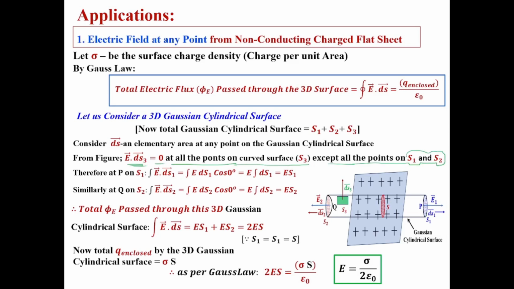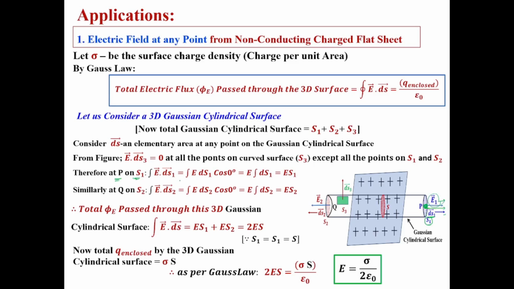This flat surface at point P is your S1 and this flat surface is your S2. At point P we have to find the total flux passing through the surface S1. First we consider a small ds1 on the surface S1. The direction of ds1 is along this direction, and E is along the same, the positive x-axis direction.